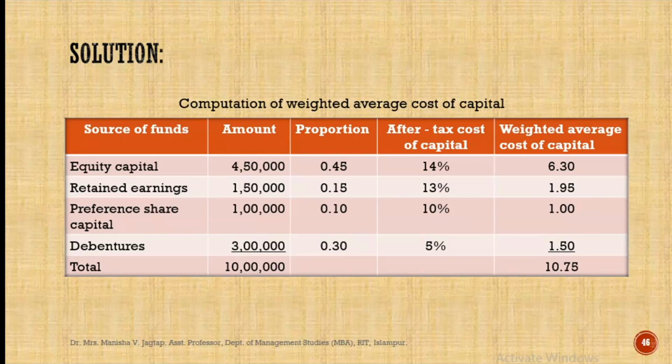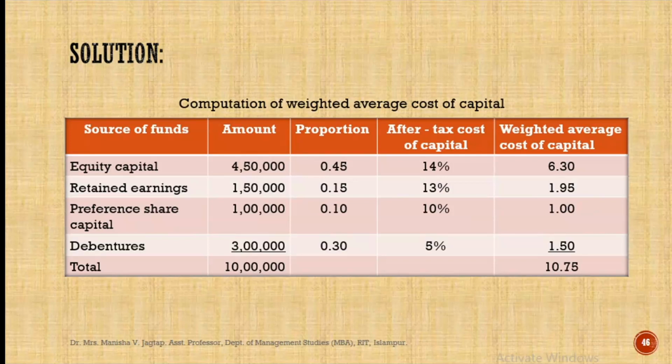In this way, we calculated and got 0.45, then 0.15, 0.10 and 0.30 of the total amount. Then the after tax cost of capital is already given in the example. We have converted that into a percentage. And the next column is concerning the weighted average cost of capital.